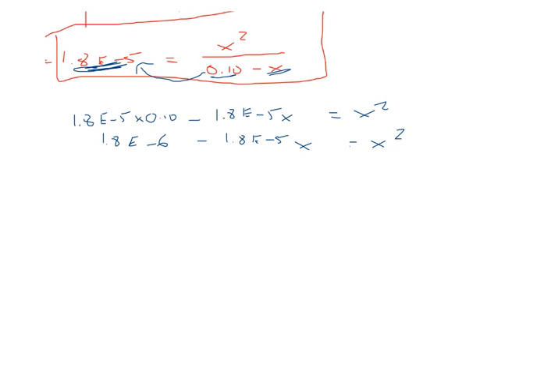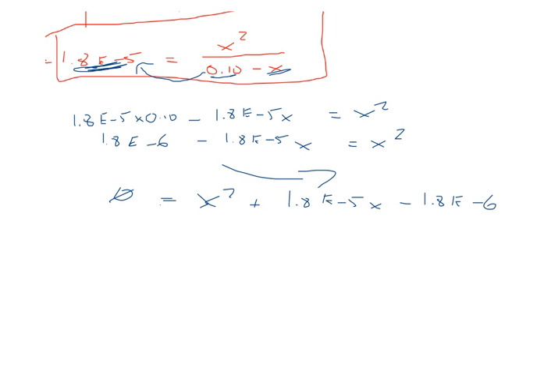Where am I going with this? How do I solve this thing? Yeah, or you can graph it, by the way. If you know how to use your graphing calculator, you can do that. But they give you the quadratic formula for a reason. So I'm going to swing everything over to this side right here and make it x squared plus 1.8 times 10 to the minus 5 x minus a constant term of 1.8 times 10 to the minus 6. But I should be able to solve this. I just need to use the quadratic formula.